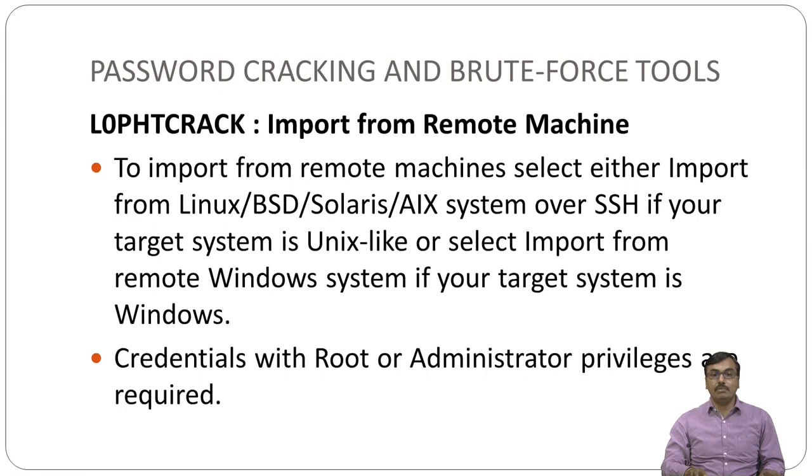To import from the remote machine, select either import from Linux, BSD, Solaris, AIX system, or SSH if your target system is Unix-like. That means if your remote machine has a Unix-type operating system such as Linux, BSD, or Solaris, then you have to go for that particular option.